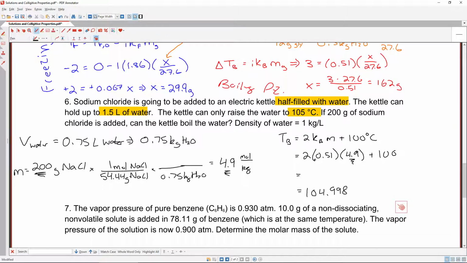Which means that this whole section right here, because we're multiplying, should all have 1 sig fig, right?